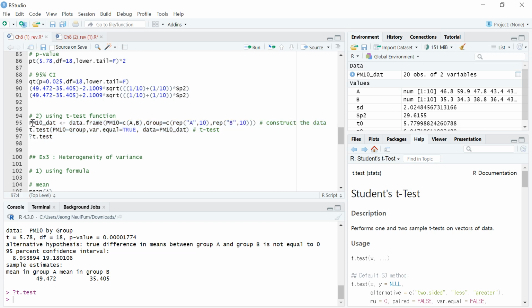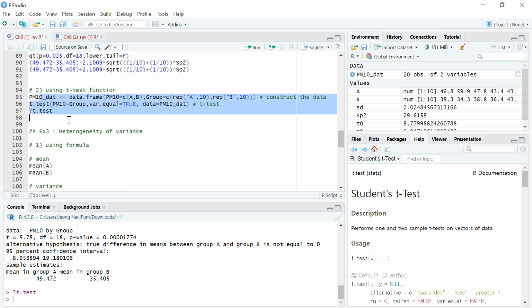So I usually do not recommend using this kind of function, but I just wanted to say that there is also a function that our programming language gives us for doing the same thing.